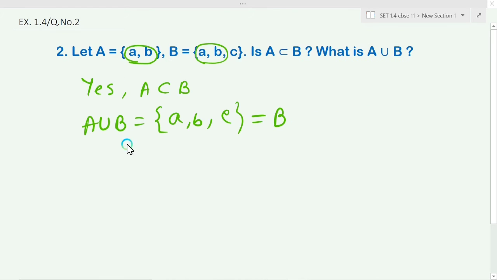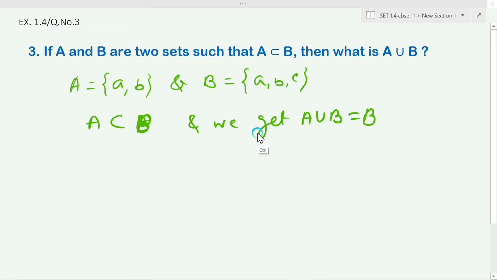So for this question 3 also, if A is a subset of B, then we get A union B equals to B.